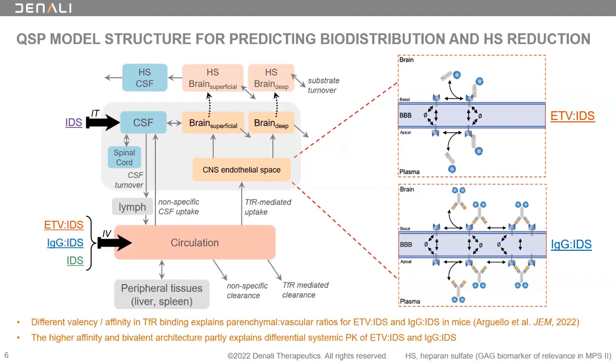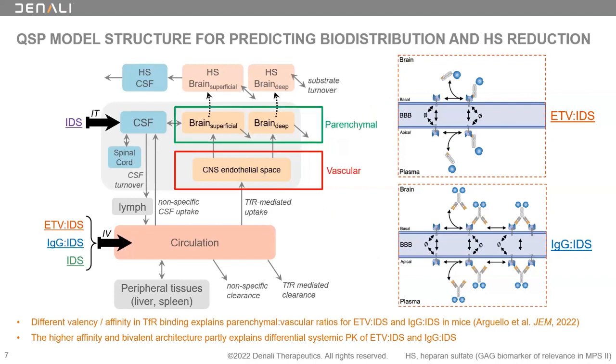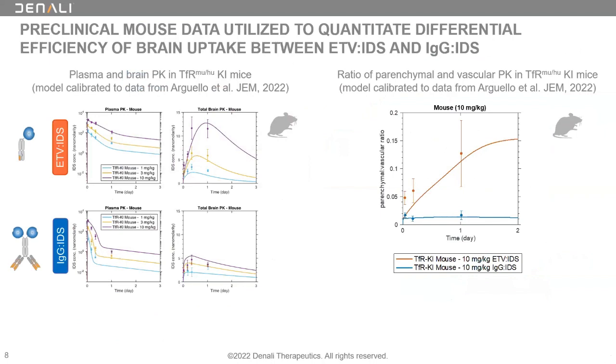Now, most specifically here, we wanted to understand the distribution of these two molecules that use TFR-mediated uptake in the endothelial space, and what gets into the entire CNS volume. And here we used our preclinical data that was generated in mice.